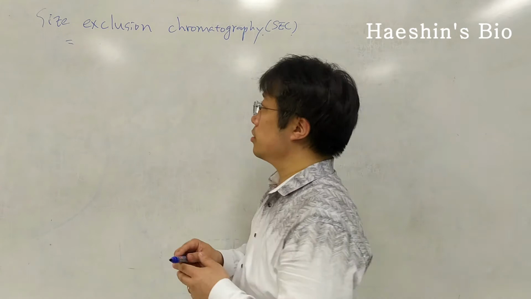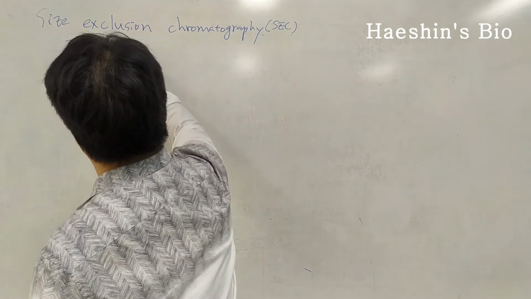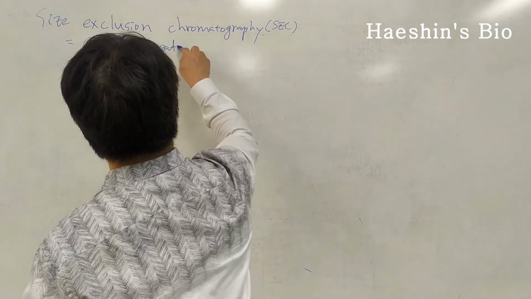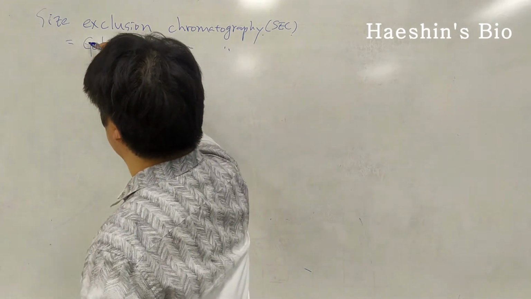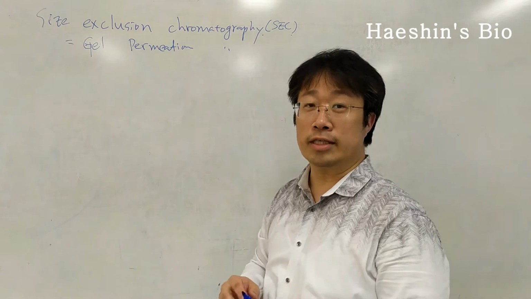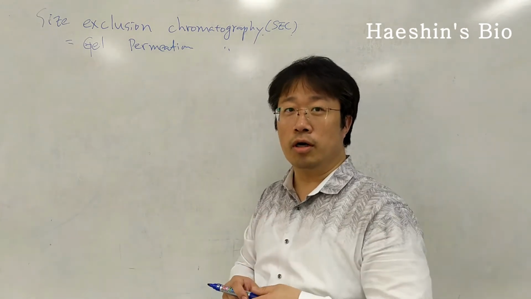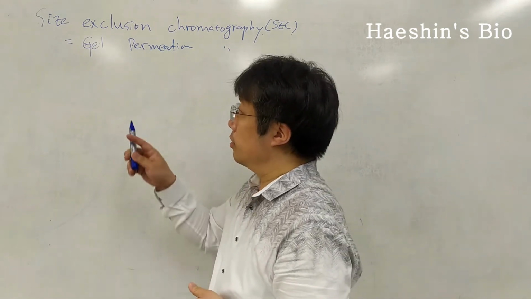The other name is gel permeation chromatography. We call it by these two different names, but SEC, size exclusion chromatography, is the more popular way to call this technique.